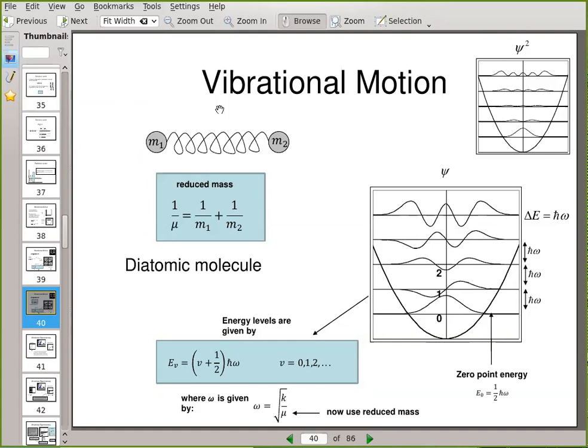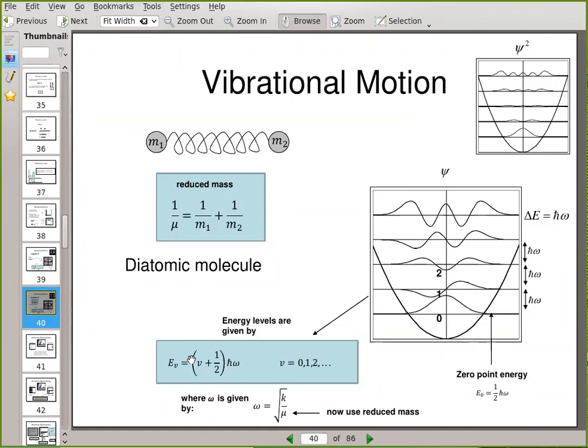All the terms become simple, and the algebra becomes simple if you simply work with the reduced mass. So the reduced mass is going to affect the vibration.